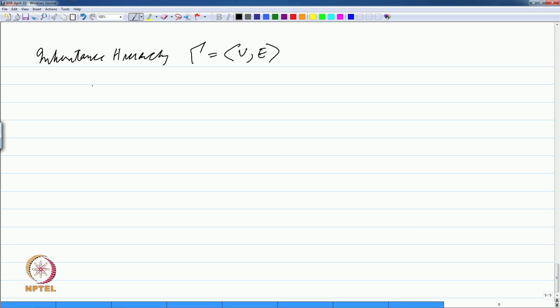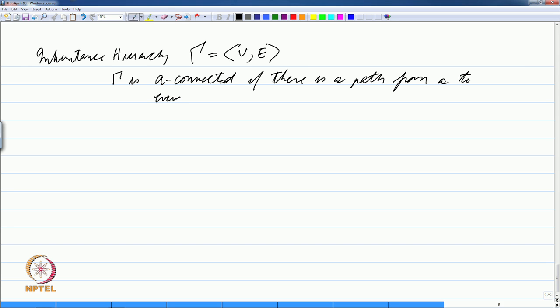We say that inheritance hierarchy tau is A connected if there is a path from A to every node in V, or in tau essentially.